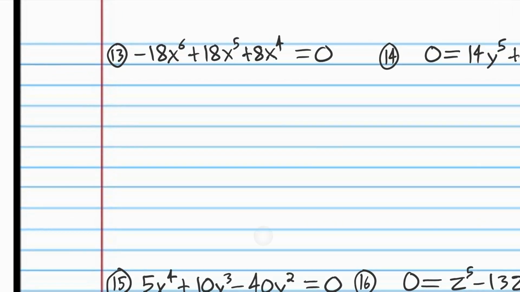All right, we're back. We're going to factor out negative 2x to the 4th, it looks like. I think that's correct. Let me double check.